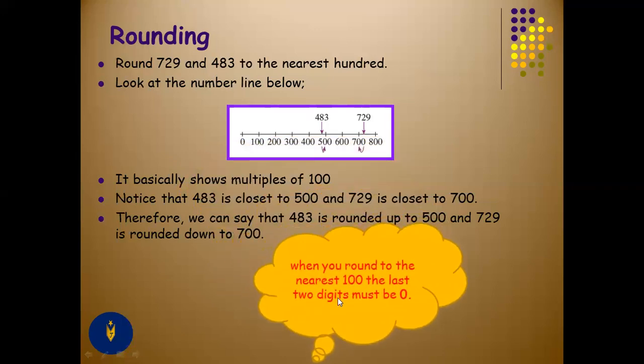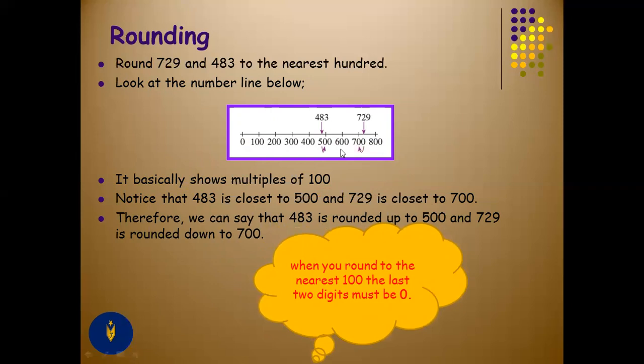When you round to the nearest 100, the last two digits must be 0. अच्छा. According to this example, अगर आप जब भी nearest 100 पे rounding कर रहे होगे, either rounded up or rounded down, so last two digits जो होंगे unit और 10 पे, they must be 0.